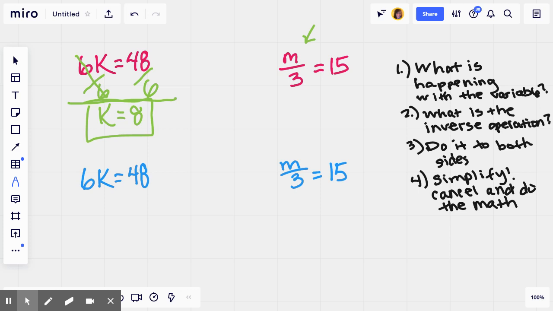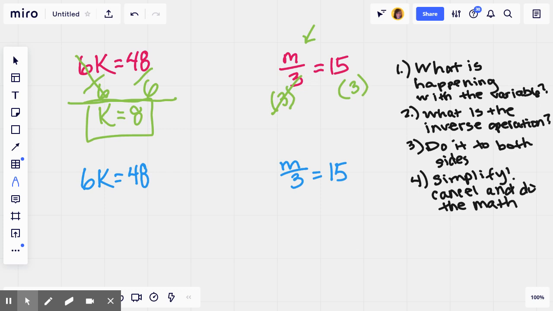Okay, let's look at the next one. First question, what's happening with the variable? Looks like the variable is dividing. What is the inverse operation? Well, the inverse operation from division is multiplication. Step 3 says do it to both sides. Okay, I will. So the inverse operation, if m is being divided by 3, then the inverse would be let's multiply it by 3.